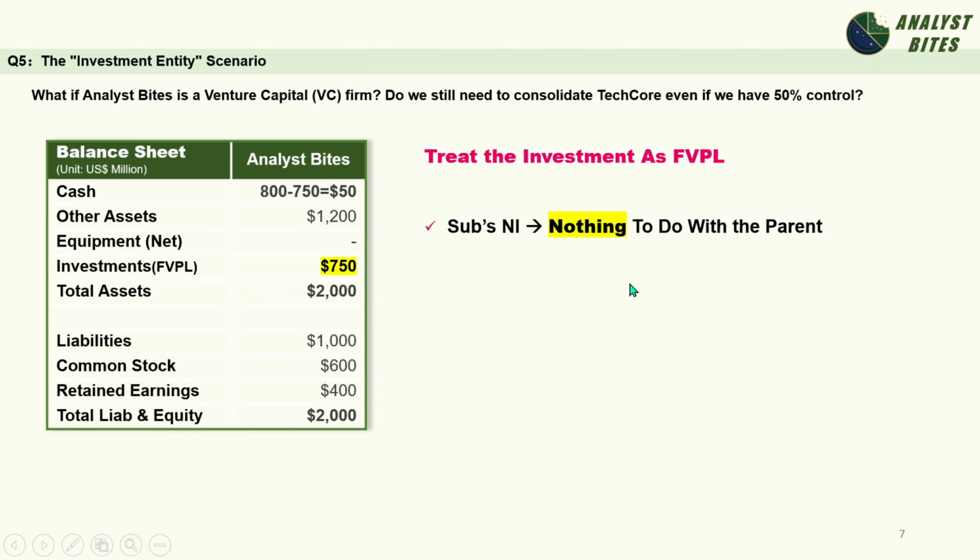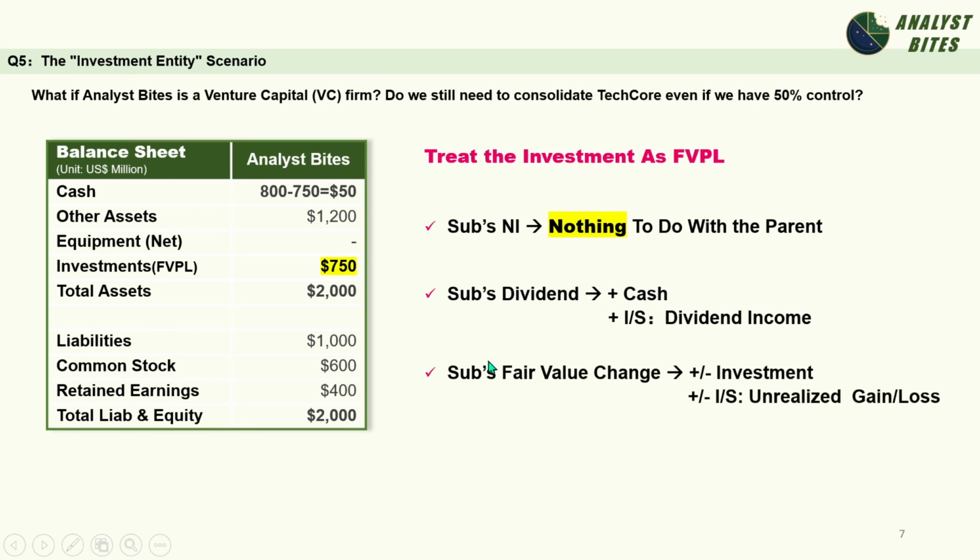Instead, you only recognize value in two ways. First, dividends. You only record dividend income and cash when the subsidiary actually declares a dividend payment. Second, fluctuations. As a financial investor, market price is everything.